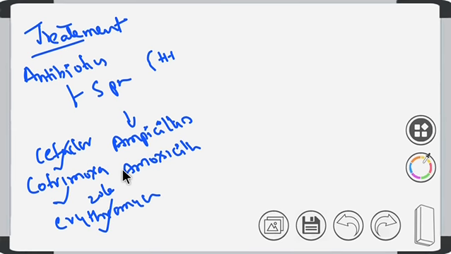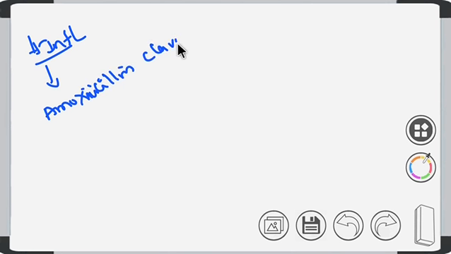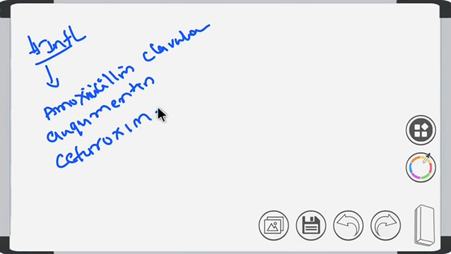Clear? If the organism is Haemophilus influenzae, then what we can give is amoxicillin-clavulanate, right? Amoxicillin-clavulanate, Augmentin, cefuroxime, cefixime.